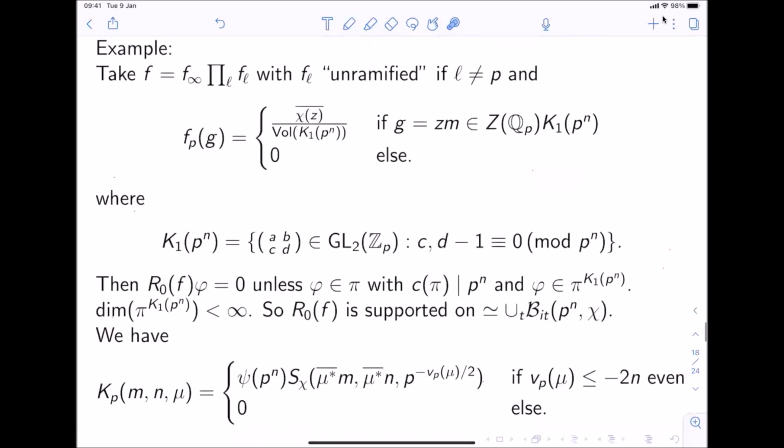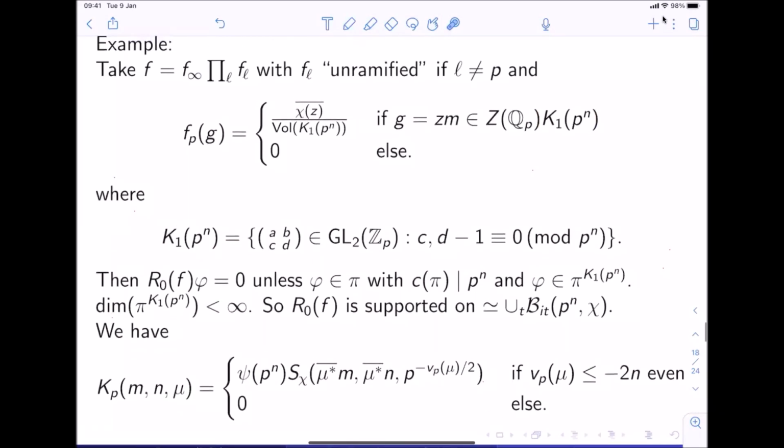So just as an example, if I take this F, and I assume it's ramified at a single prime, which I'll call P, and I take the indicator function of this K1 P^n subgroup, this is just going to return the classical Kuznetsov formula.